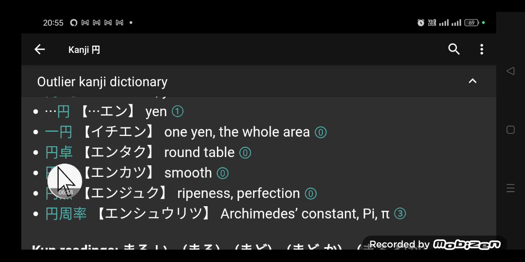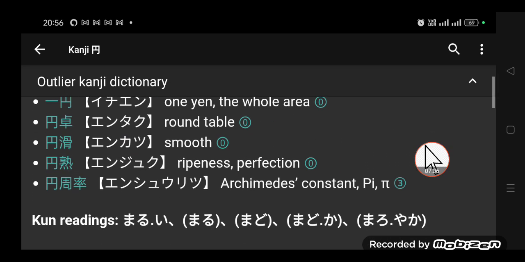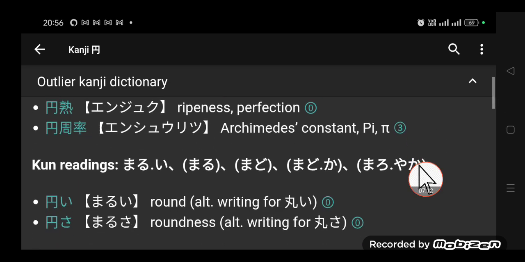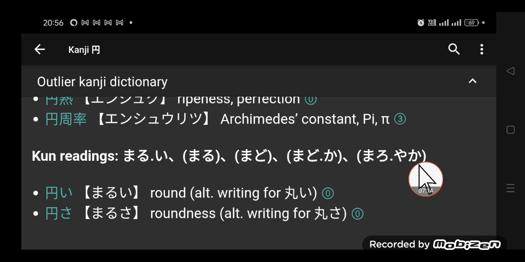Let's say entaku, round table, because here taku is table. Okay, minasan. Enjuku means ripeness, and we have here enshuritsu, Archimedes' constant.